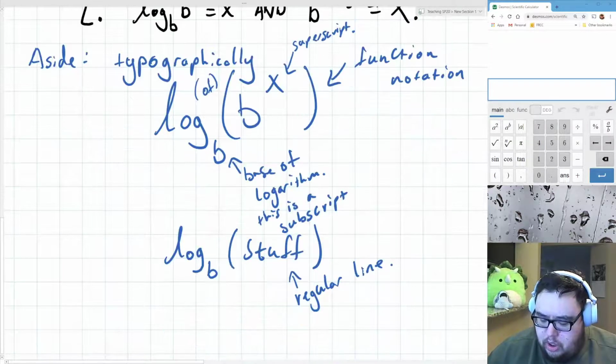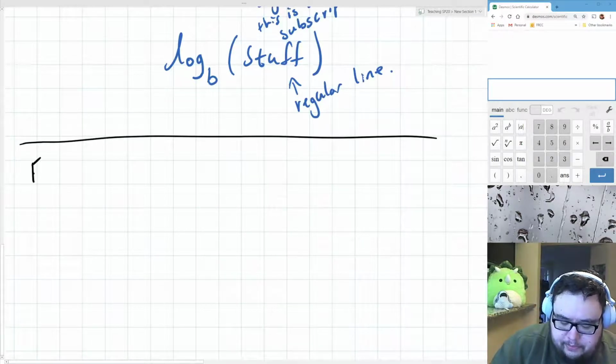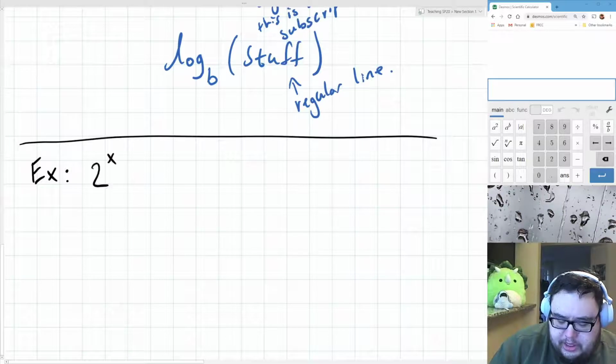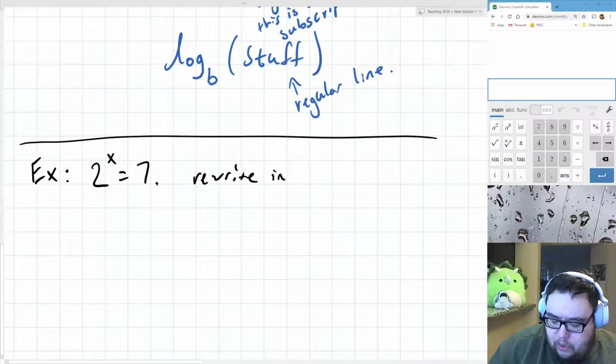So using logarithms, we can now answer, for example, if 2 to the power of x is equal to 7, then we can rewrite it in log form.